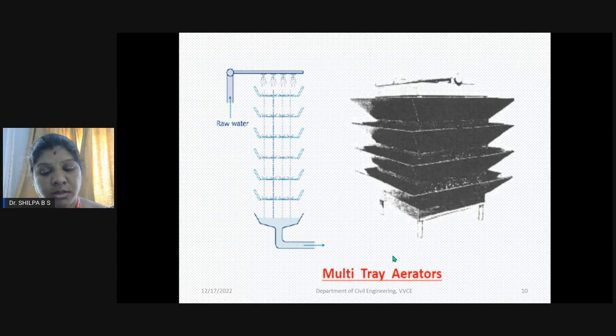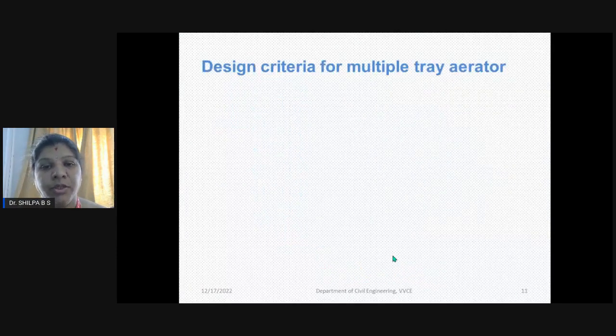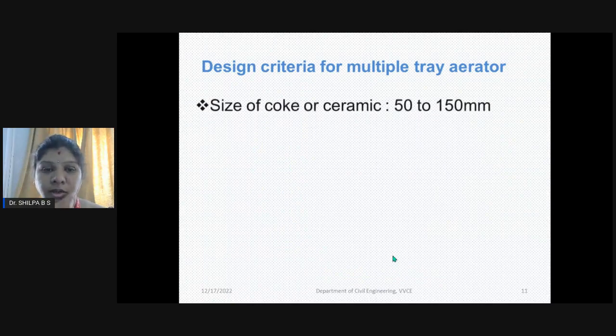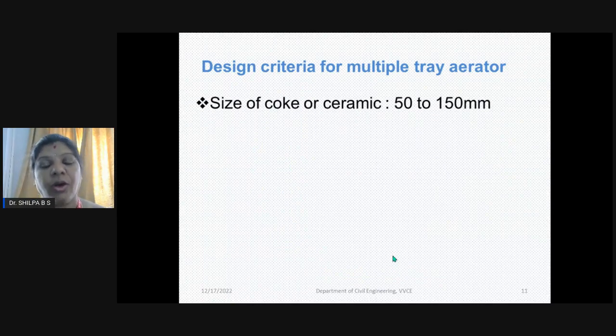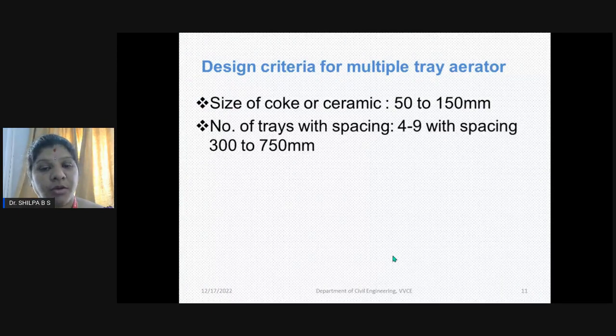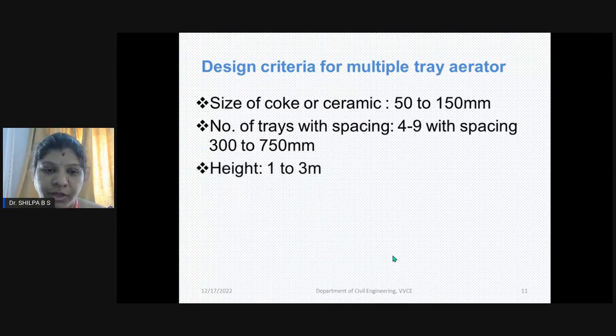Another type of aerator used is the multiple tray aerator. In this aerator, the size of the coke or ceramic used in the trays varies from 50 to 150 mm, the number of trays is about 4 to 9 with a spacing of 300 to 750 mm, and the height is 1 to 3 meters.